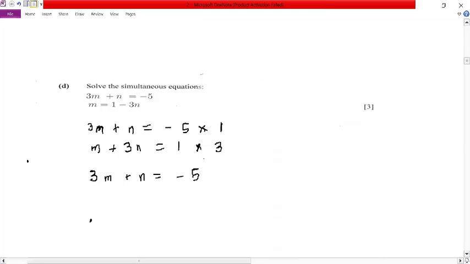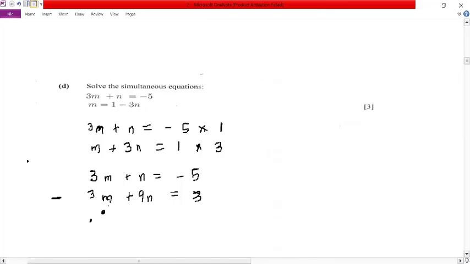On the second equation, we multiply each and every term with 3. So we get 3m plus 9n being equals to 3. Then we subtract the first equation and the second one. 3m minus 3m is 0.